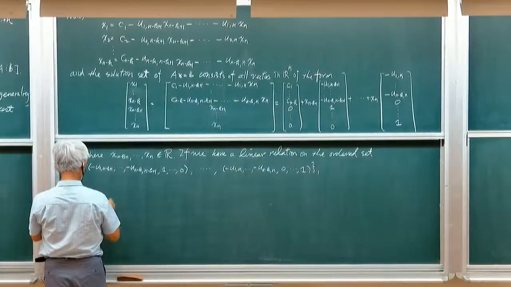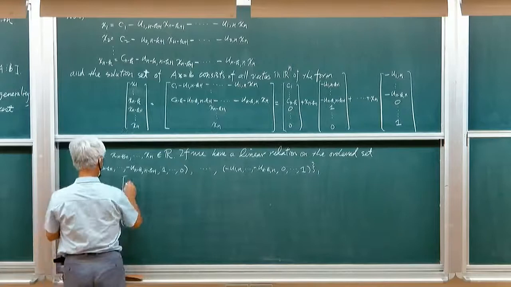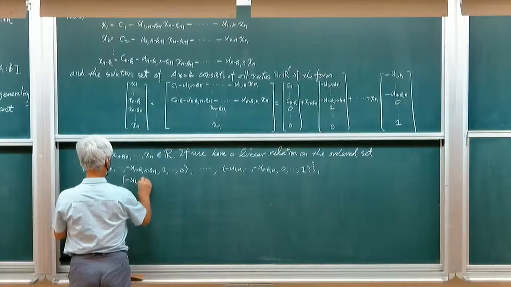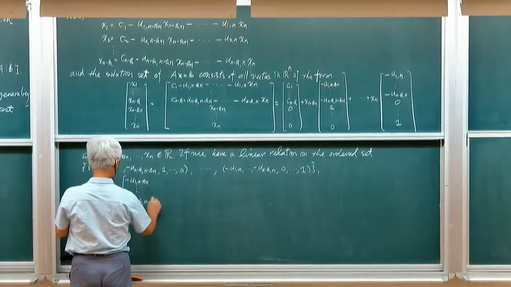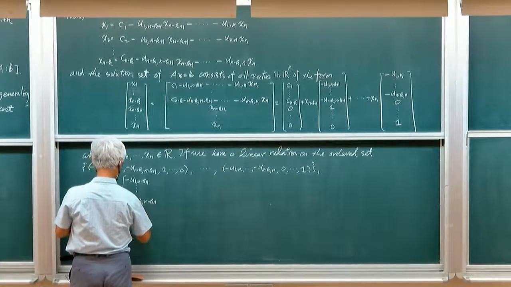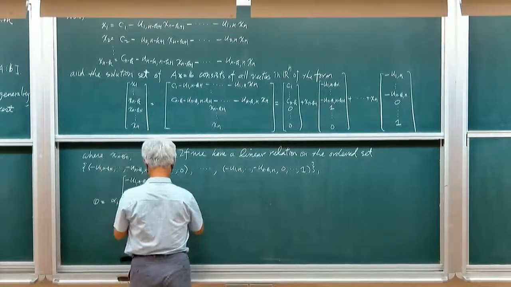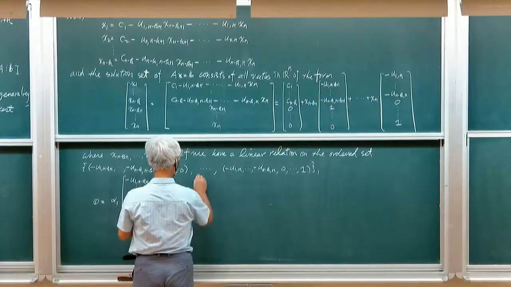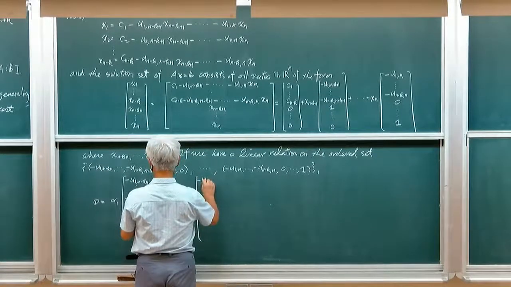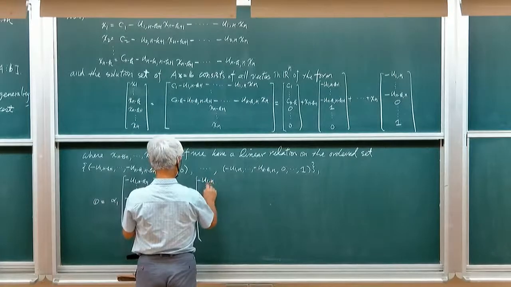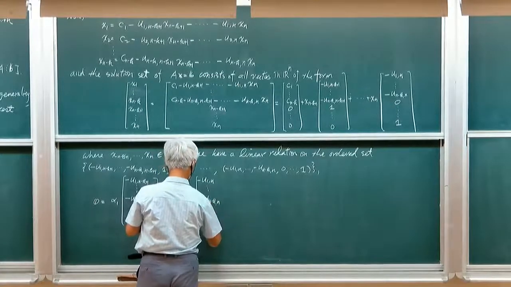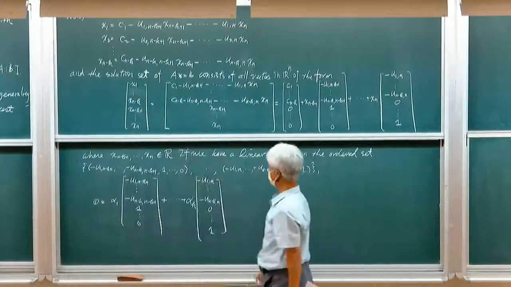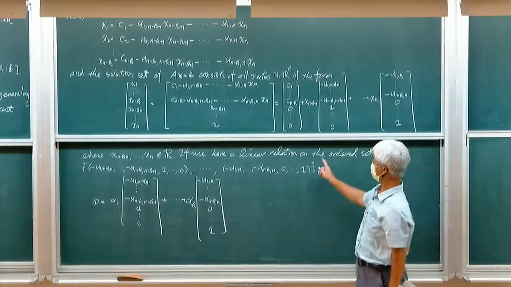let a linear relation be here: the 0 vector is equal to alpha 1 times the first vector, plus, up to, alpha k times the last vector. So suppose we have a linear relation.